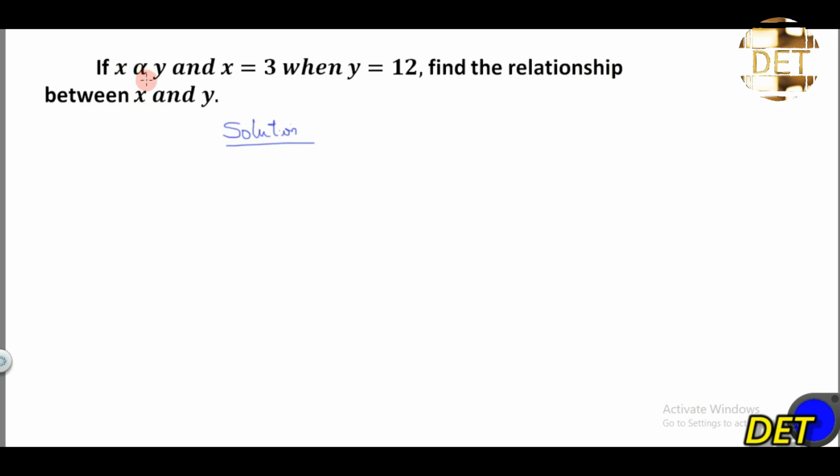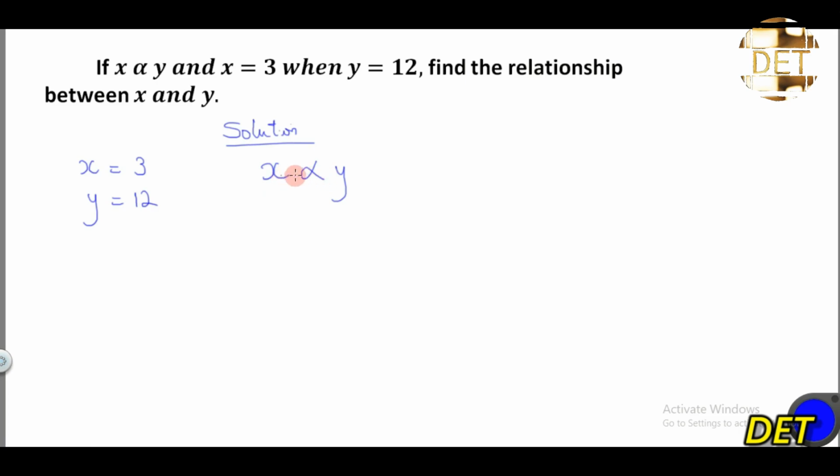We have X equal to 3 and Y equal to 12. What we're looking for is the relationship between X and Y.